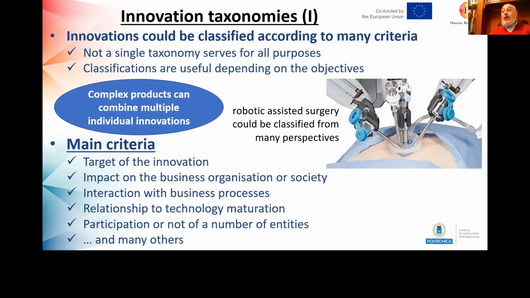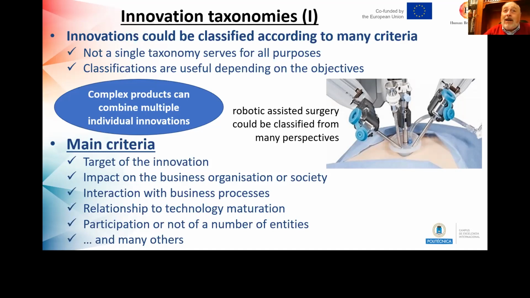Imagine that there's something new in hospitals, with several robots like that. On the target of the innovation, I need to pay attention to it. What is the target of these robots? The idea is just to reduce very invasive surgeries, operations, or not?